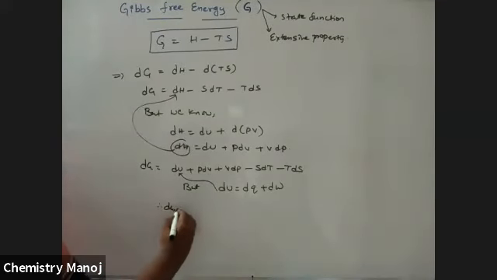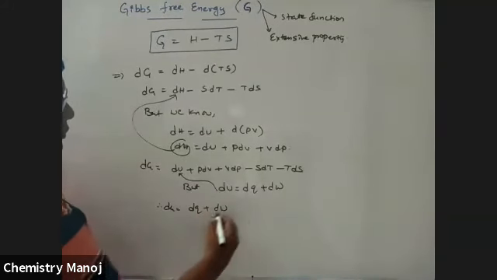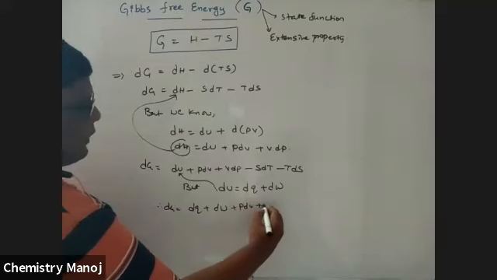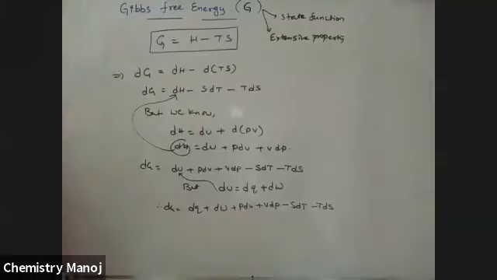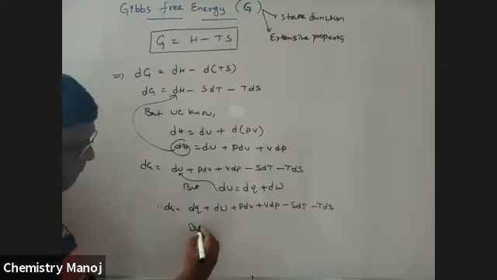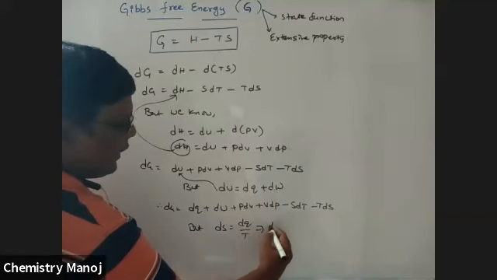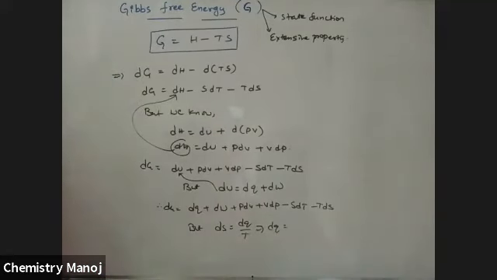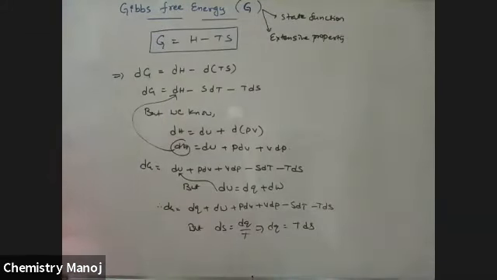Therefore, dG is equal to dq plus dw plus P dV plus V dP minus S dT minus T dS. But dS is equal to dq reversible by T. That implies dq is equal to T dS.